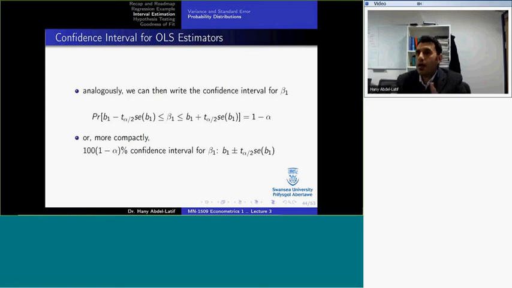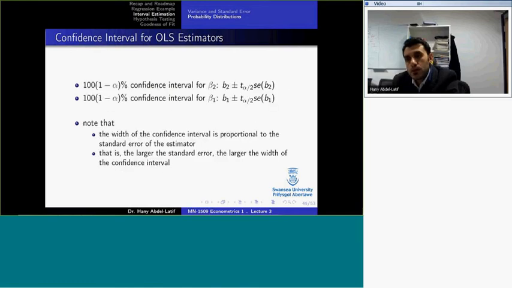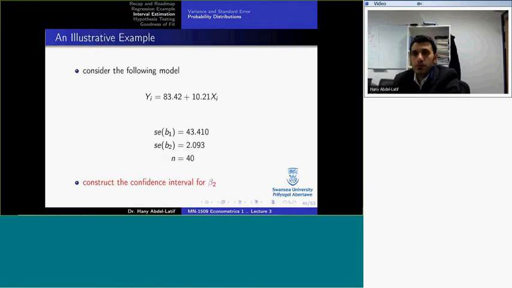Because we're trying to see how reliable our estimate is, and how to say that we are 90% or 95% confident that the true parameter, if not equal to the value that we get from the OLS estimation, will be somewhere between those two values, within this interval, and we need to know how confident we should be about that. So let me finish this part of the lecture with an example.